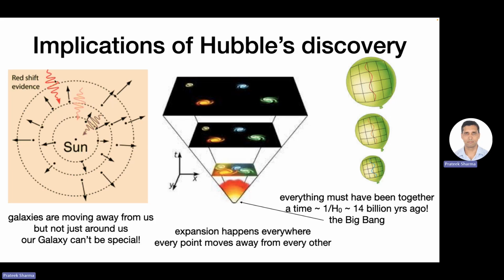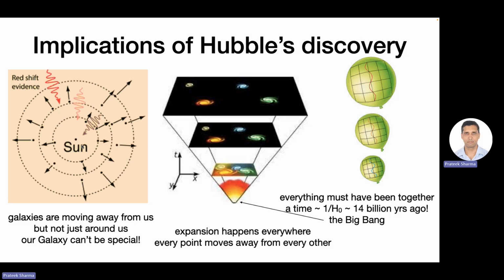Okay. Now, this cannot be the right picture because this puts the sun at a very special place. The discovery that the Earth is round and everything goes against the fact that we are at a very special position, right?